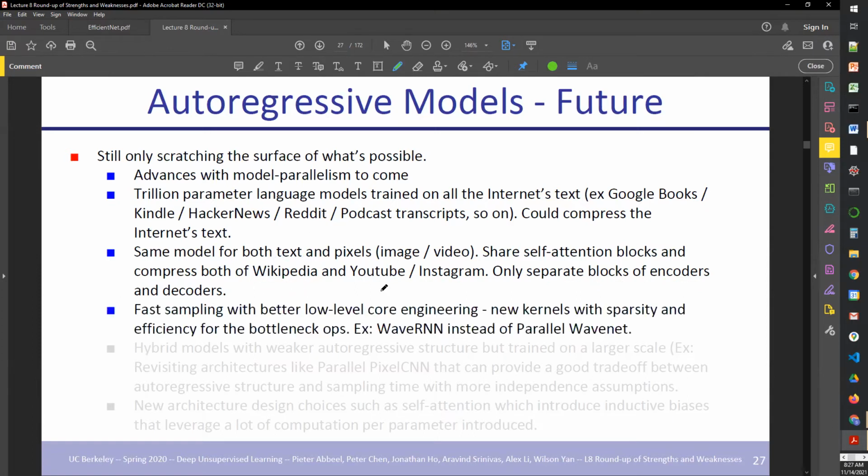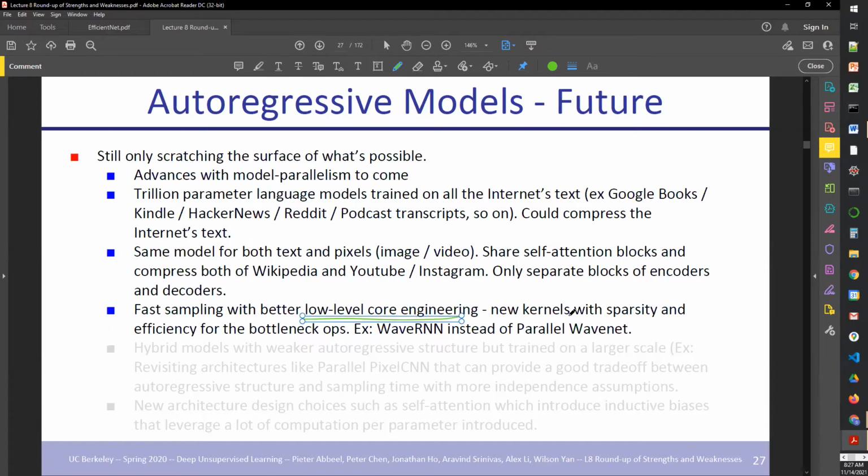Remember, sampling is really a struggle. As we'll see in the negatives shortly, there's a need for definitely improving the speed of sampling. Otherwise, these models can't work in the real world, if you will. And so that means that there's a lot of low-level core engineering work that will necessarily need to be done.